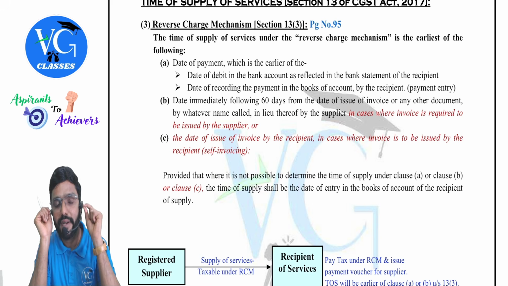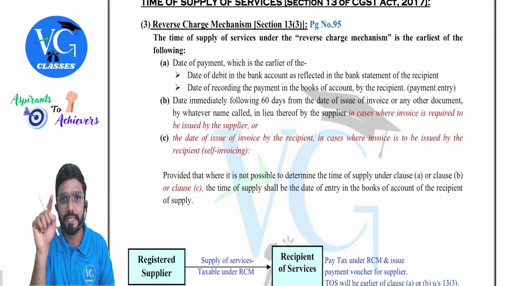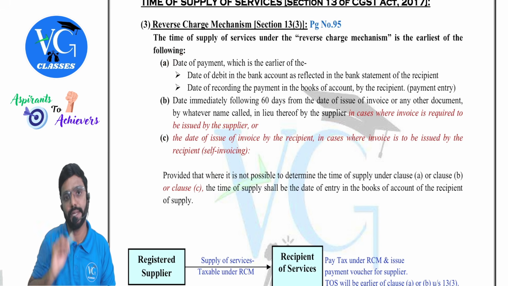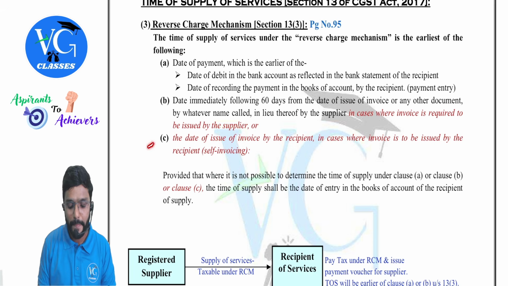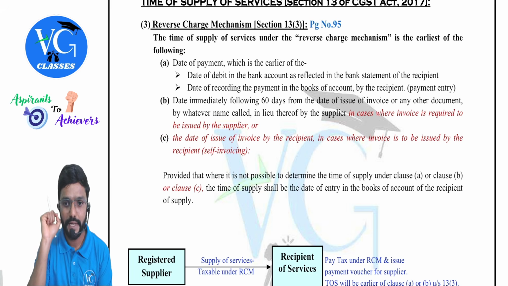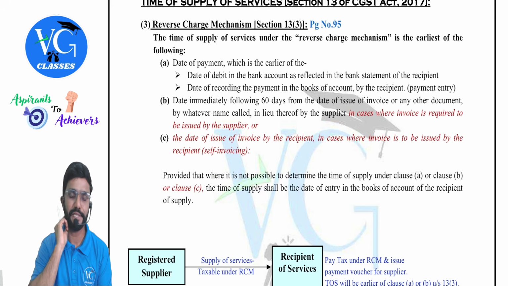I repeat: if the recipient is supposed to do self-invoicing, then the time of supply for the services taxable under RCM is A or C, whichever is earlier. So what is C? The date of issue of invoice by the recipient, in cases where the invoice is to be issued by the recipient, that is self-invoicing, guys.